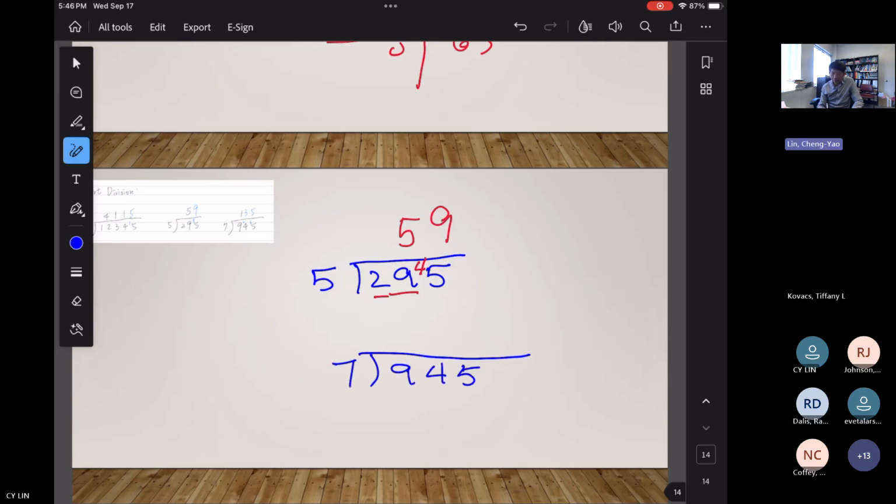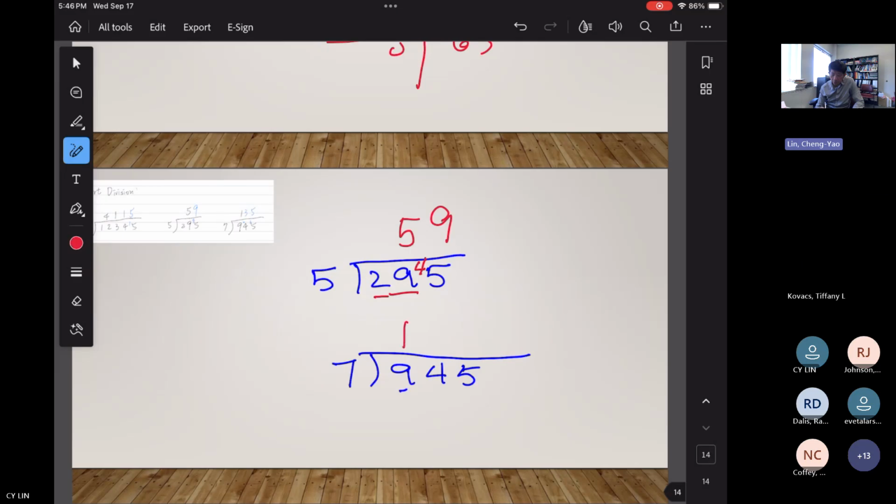945 divided by 7. All right. So 9, okay.